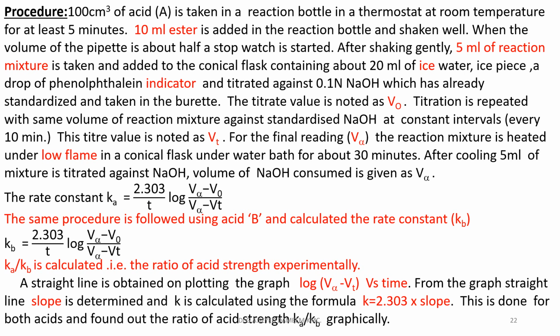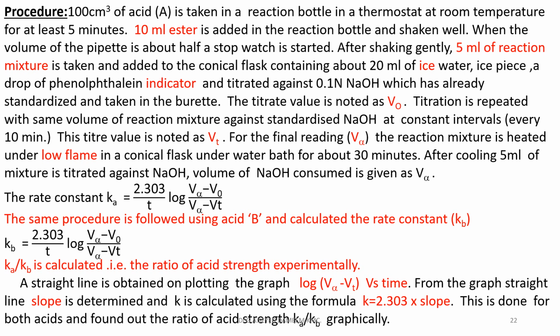This titer value is noted as Vt. Similarly, after 20 minutes, 30 minutes, 40 minutes, 50 minutes, and 60 minutes, the same procedure is followed to determine the Vt value at various times.